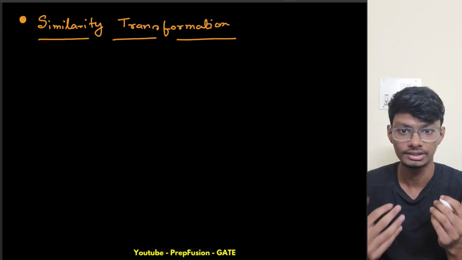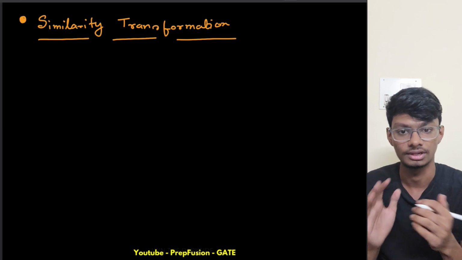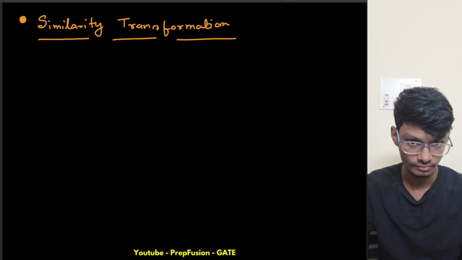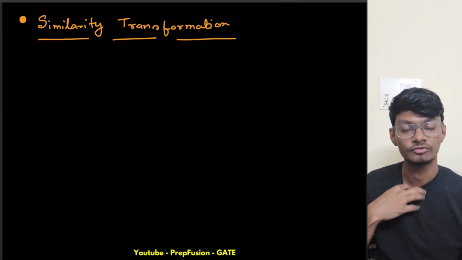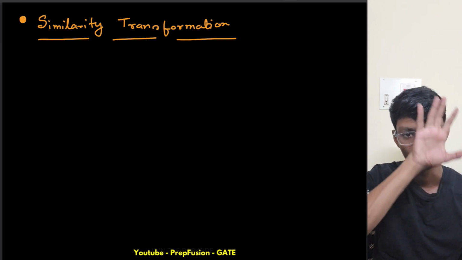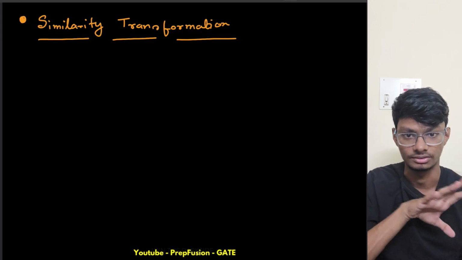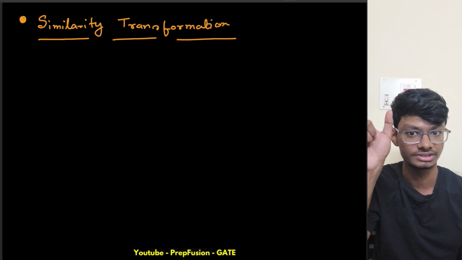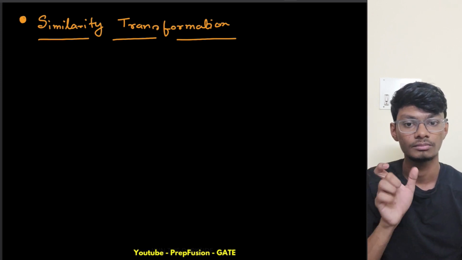As we already know, the state equations are not unique. There can be many state equations for the same system. So if we assume the state variables in some other form, we will get some other form of the A, B, C matrices. Obviously the system is the same, so few things will remain the same, but few things will change.